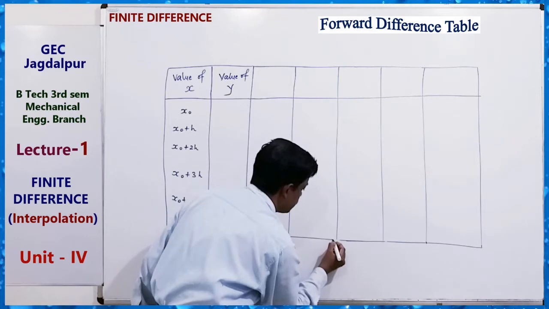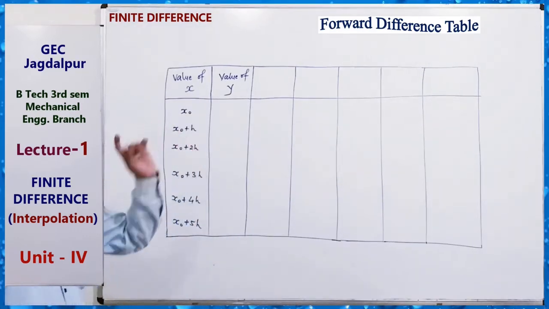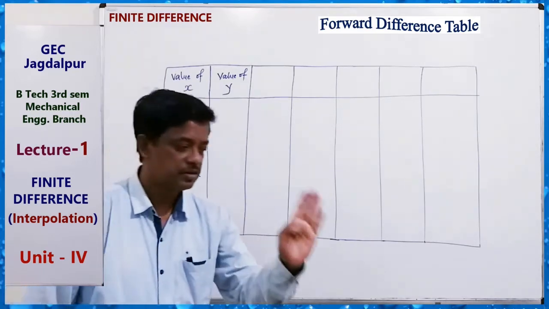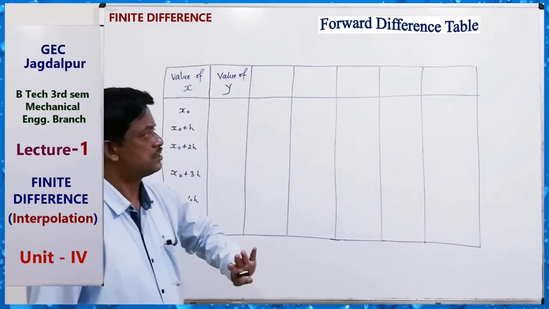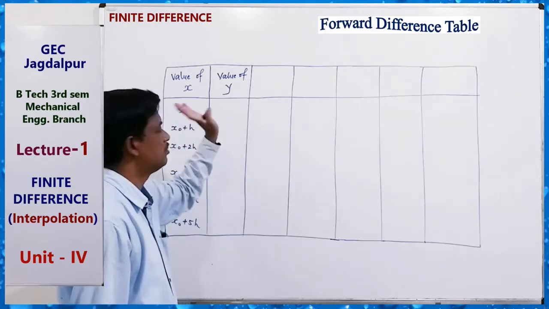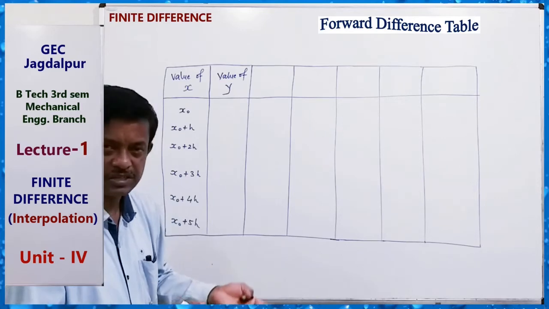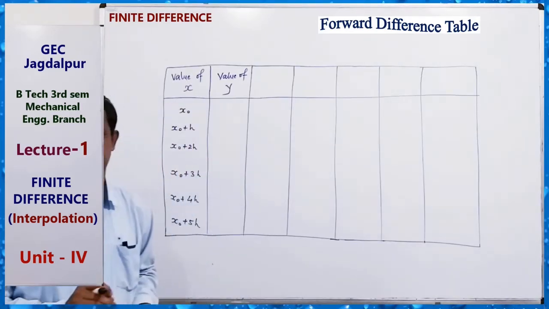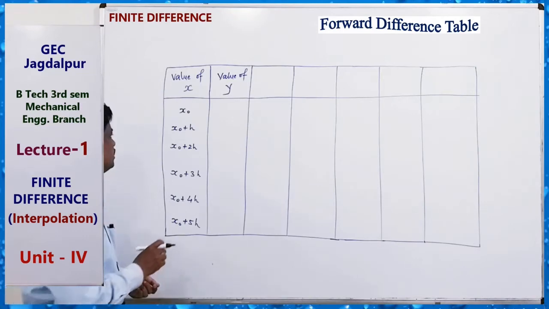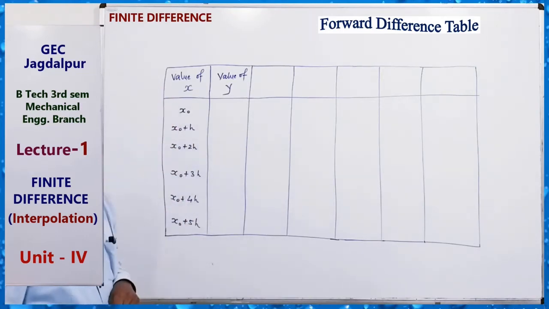Because for solving questions, you always have to prepare a table. For forward, backward, or central difference, you just require the table, for finding differences of a function at particular arguments. Suffixes are there, so we can write this type of notation.